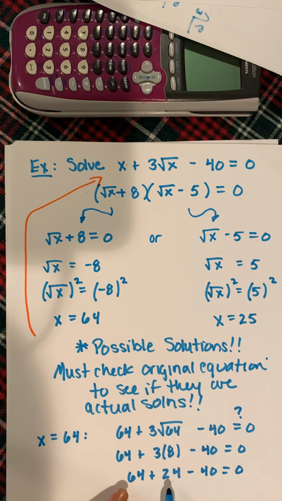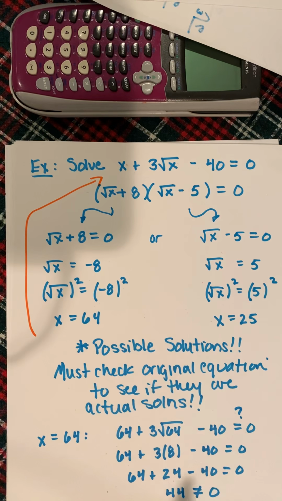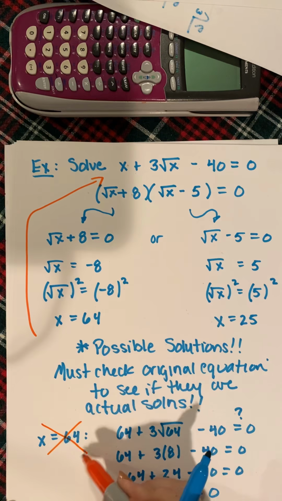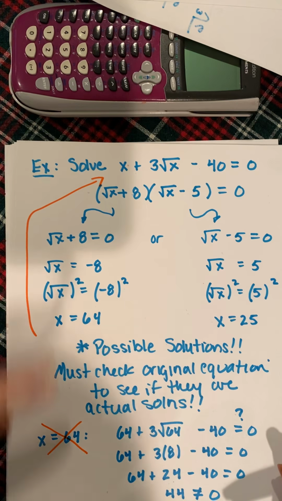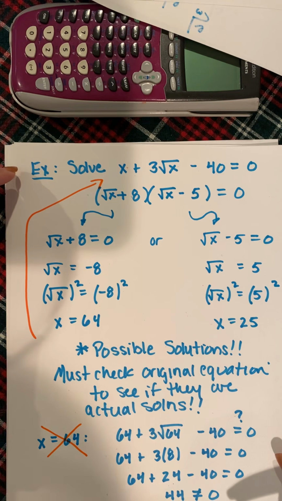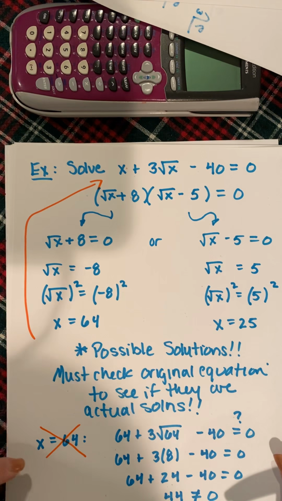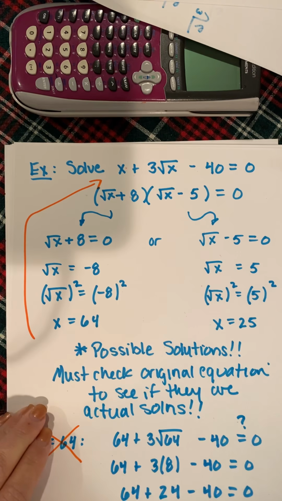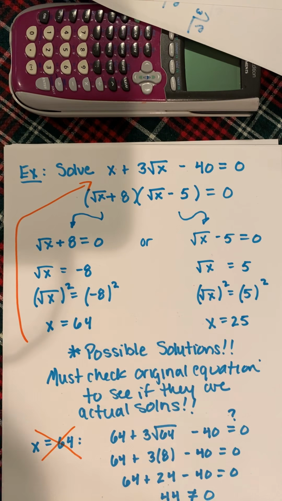Well, 64 plus 24 is 88 minus 40, 48, does not equal 0. So this is what we call an extraneous solution. It was a solution to the revised equation, but not to the original. So you only have to check that your solutions are actual solutions if the original equation involves a radical. So 64 solves the revised equation, but not the original. So that's an extraneous solution.